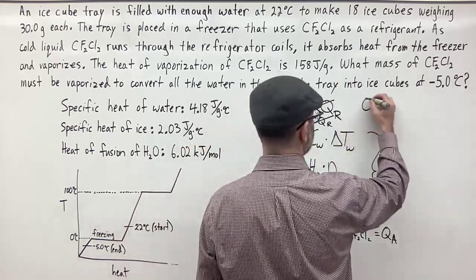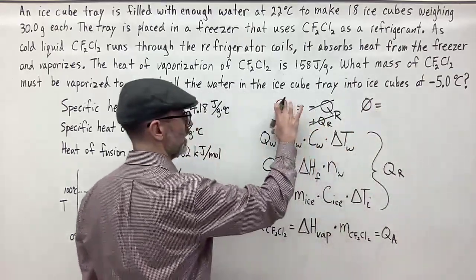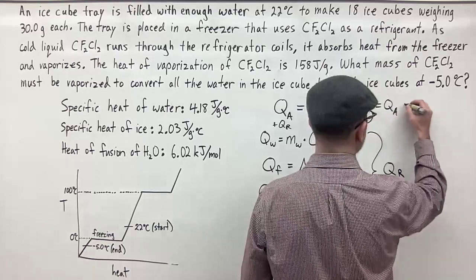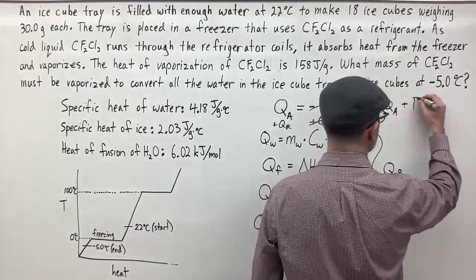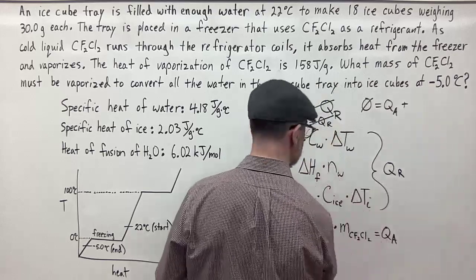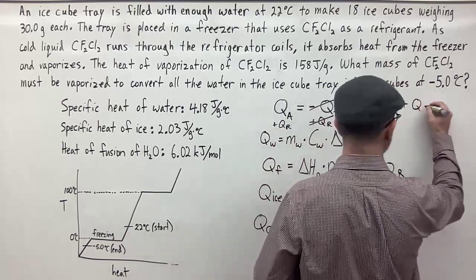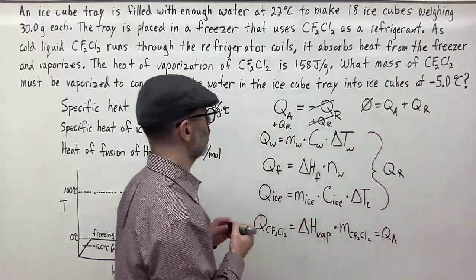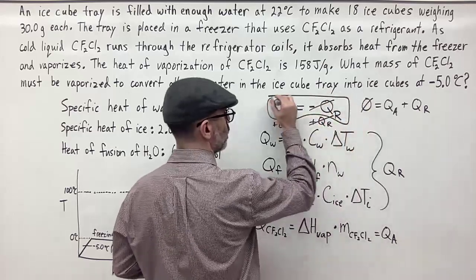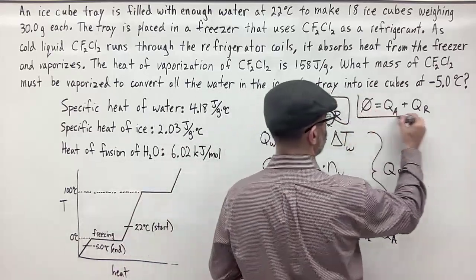And so we're going to get 0 is now equal to these two added together, Q absorbed plus Q released. So you could either use this form or you could use this form.